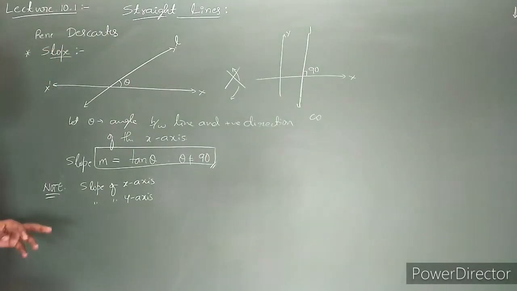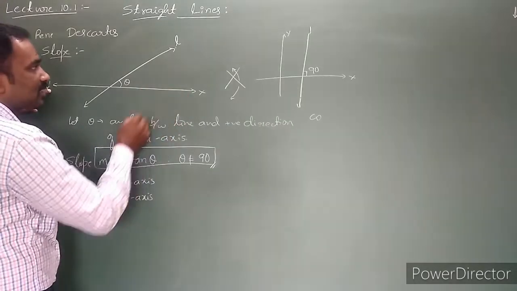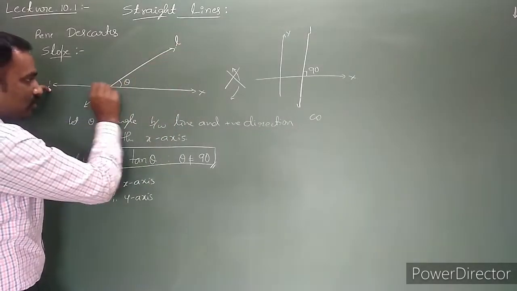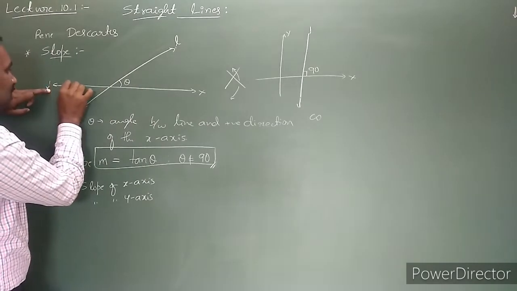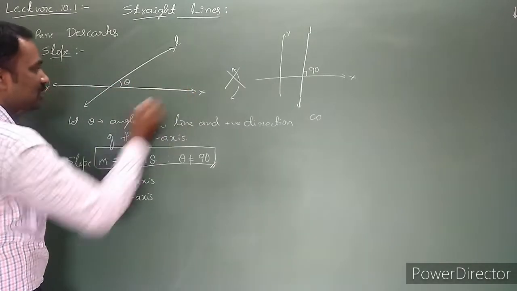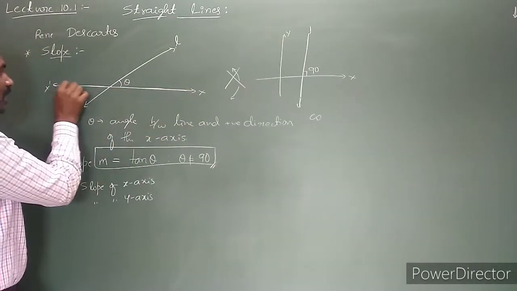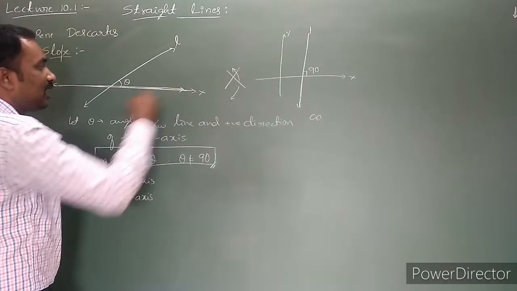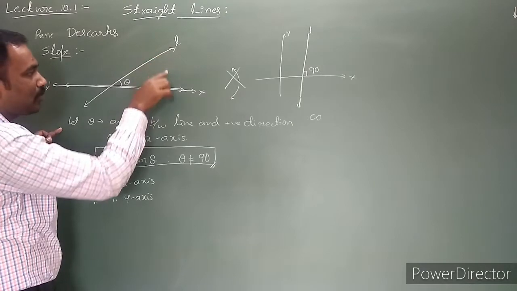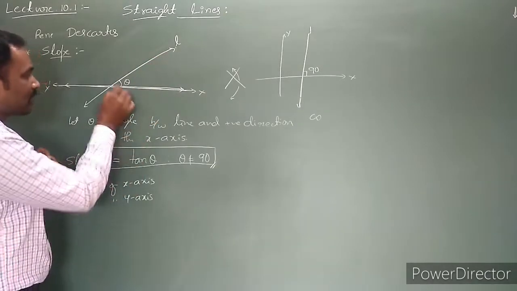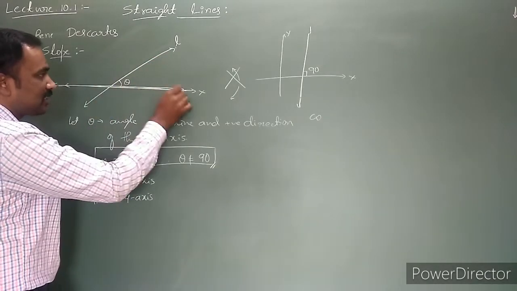X-axis is nothing but this line. Now we need to find the slope of the x-axis. That means can I consider that the line is lying on the x-axis? Line is lying on the x-axis means what is the angle between the line and the x-axis? Line is here, x-axis is also here.